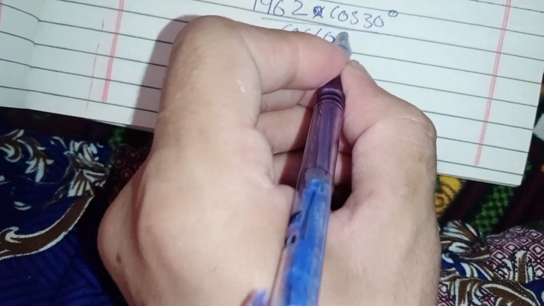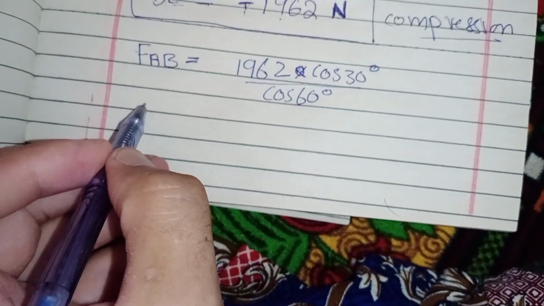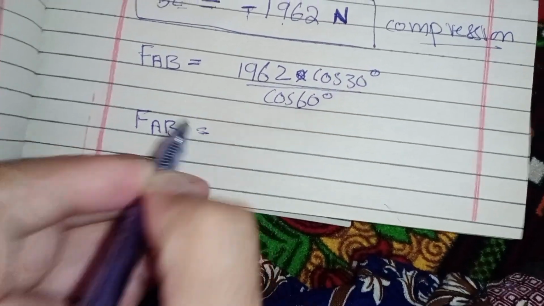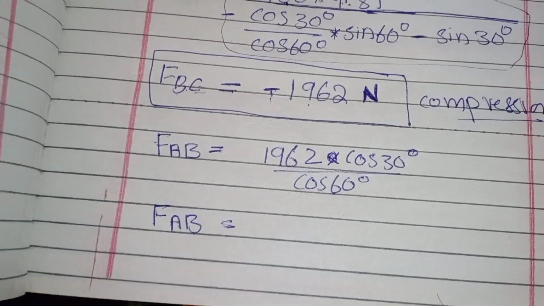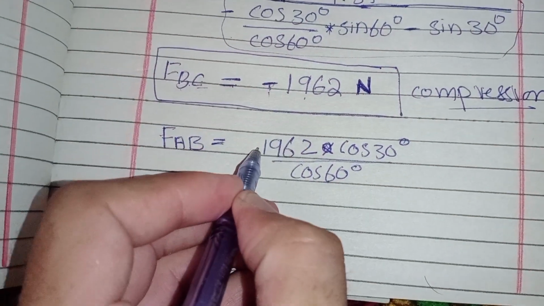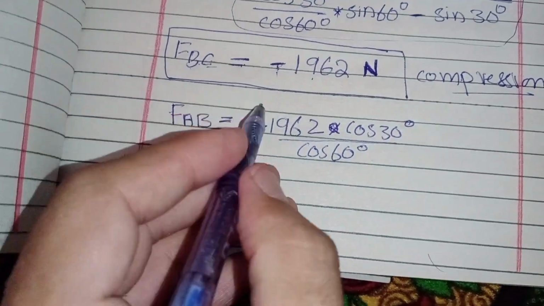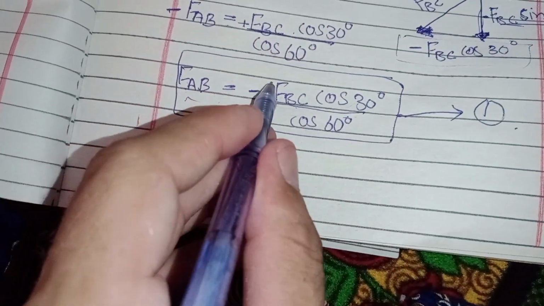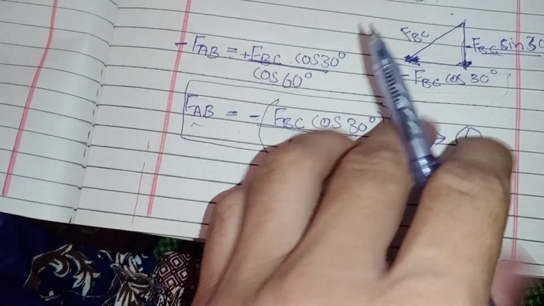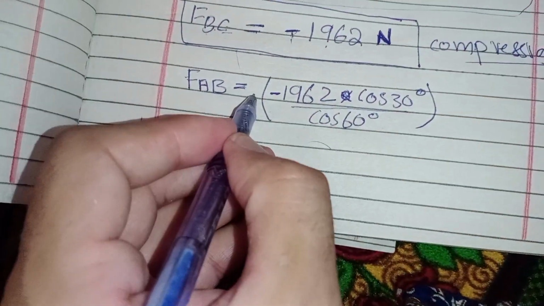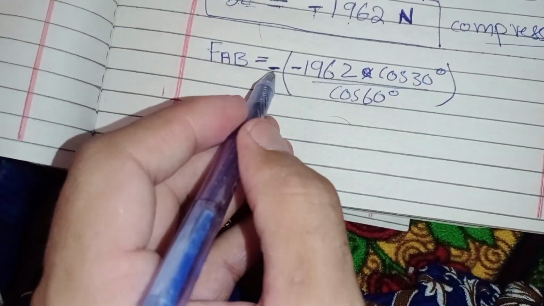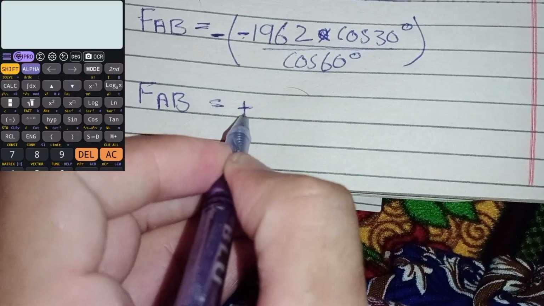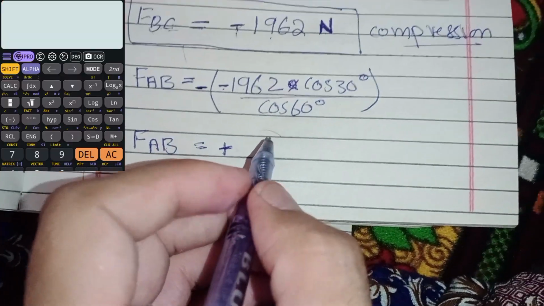If you calculate it on the calculator, you will get F of AB. This is negative 1962, and this is also negative, and here is another negative sign. So negative into negative equals positive.